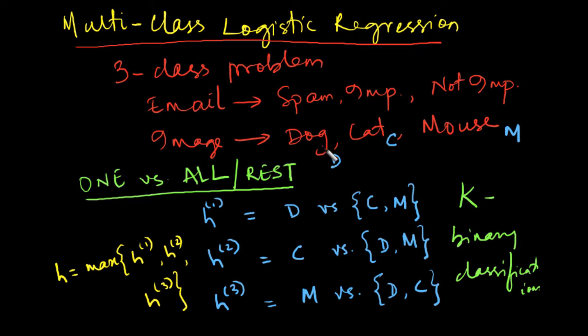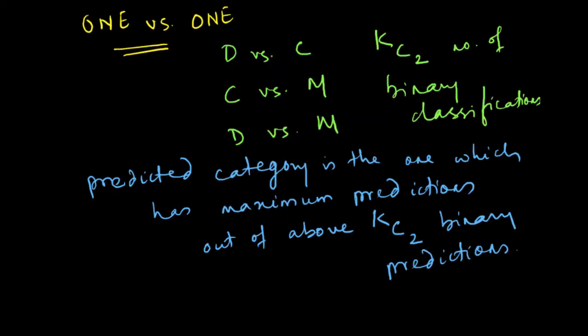Because here when you do a clubbing like this, then there are chances that you are not really learning the features of different categories very well. So now we will see a particular method where you can do multi-class classification directly without resorting to binary classification.